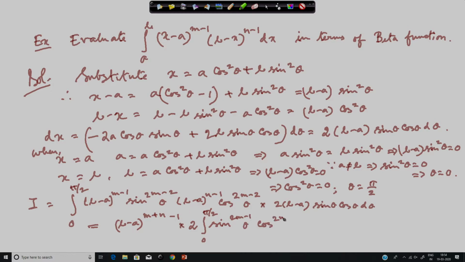The power of cos is 2n minus 1 theta d theta. And what is that? This is equal to beta of m, n. Thus, the given integral is nothing but (b minus a) to the power m plus n minus 1 times beta of m, n.